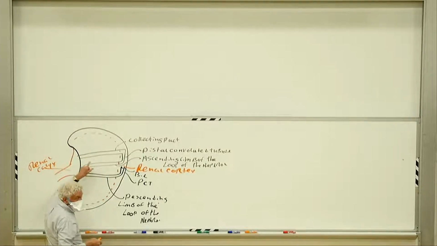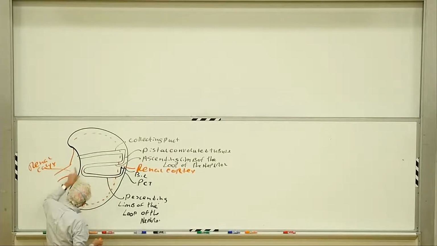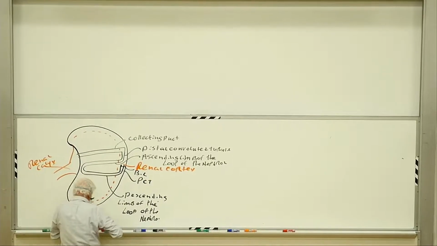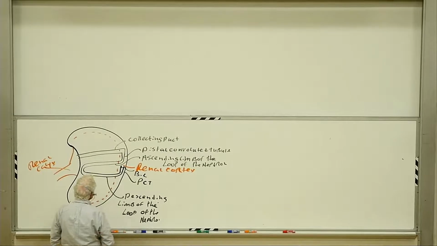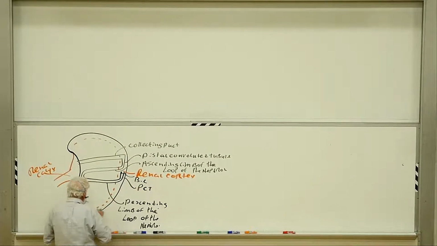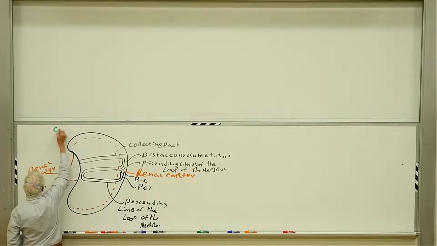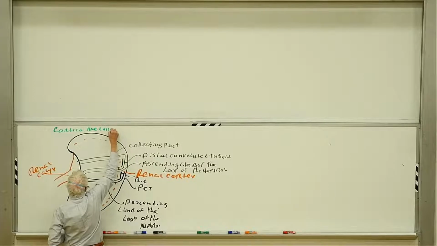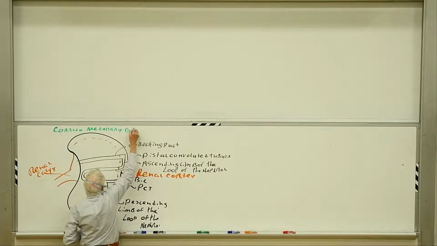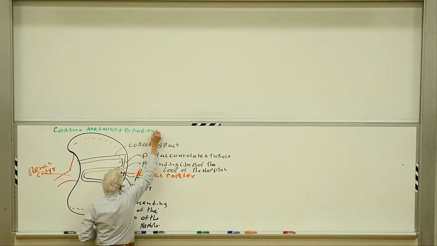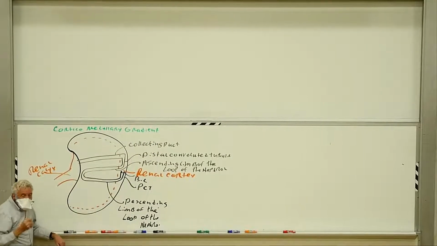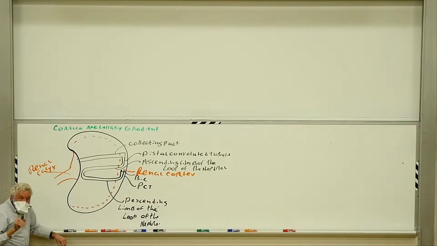But what we're interested in, the idea I'm going to put forward here, is the concept of the cortico-medullary gradient. Much of what we're going to talk about today revolves around the idea of generating this cortico-medullary gradient. But for now, let's just name it and give some values to it.